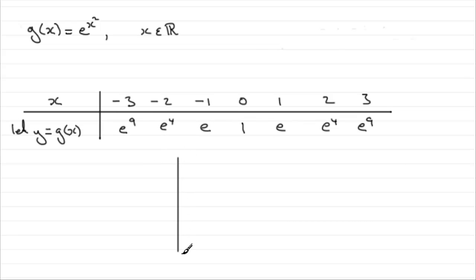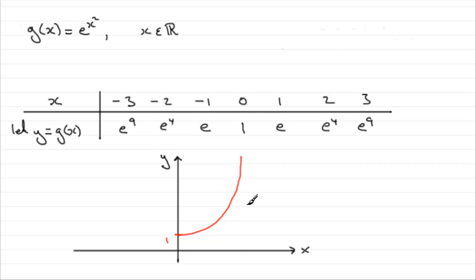if we were to think of the graph of e to the x squared, we're going to have something like this. You can see that when x is 0, we get 1, so we have 1 down here, say, and knowing that e is, as I say, 2.7 and a little bit more, the graph is going to go up like this for the positive x values.